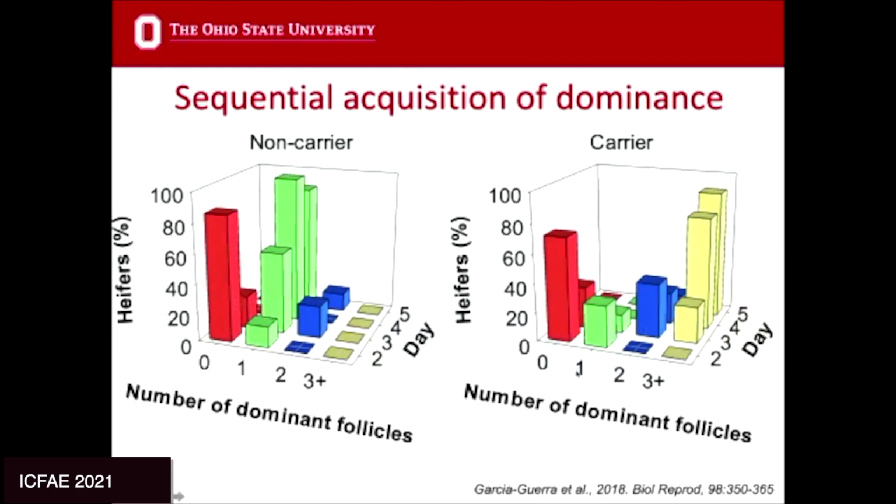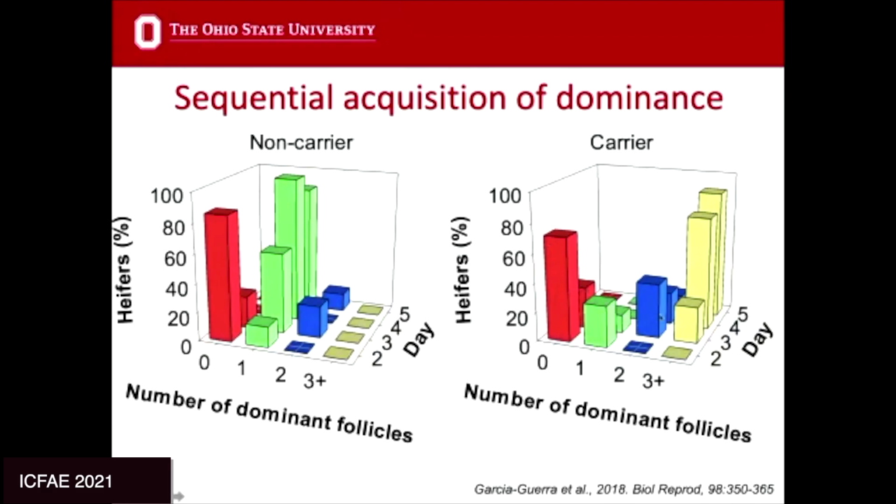However, when we look at the trio carriers, the interesting part was that on day 2, you see that the majority of animals have no dominant follicles, just like in the non-carrier group. However, of the ones that do have a dominant follicle, it is only a single one instead of multiple ones. And as we start going through days, you see that just like in the controls, the percentage of animals with no dominant follicle decreases.